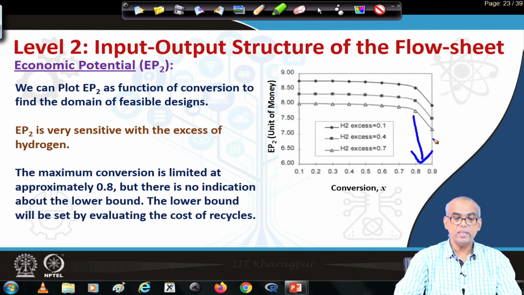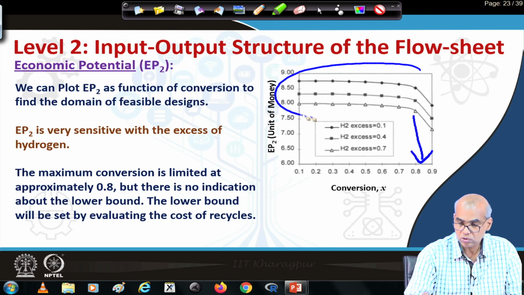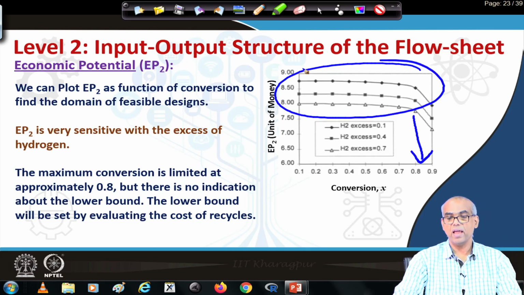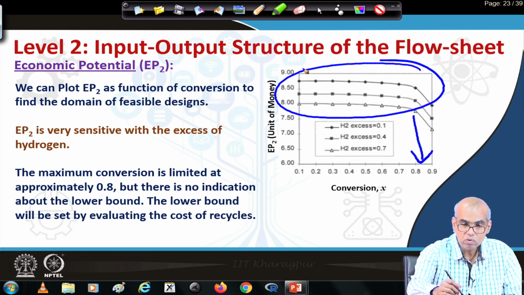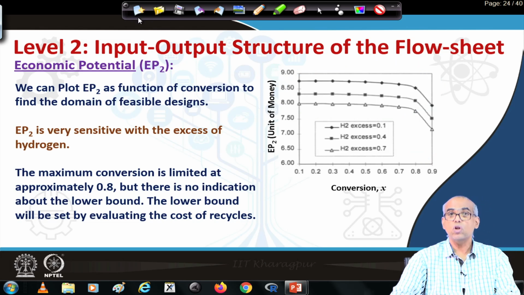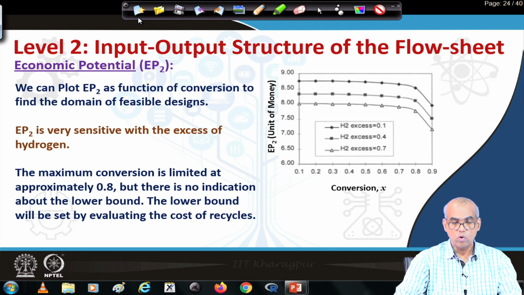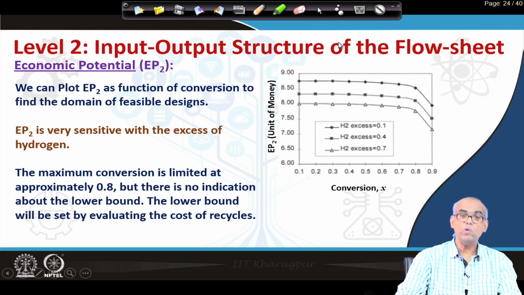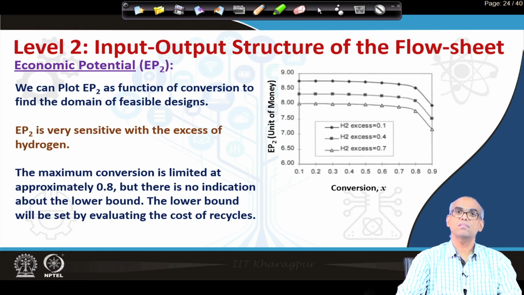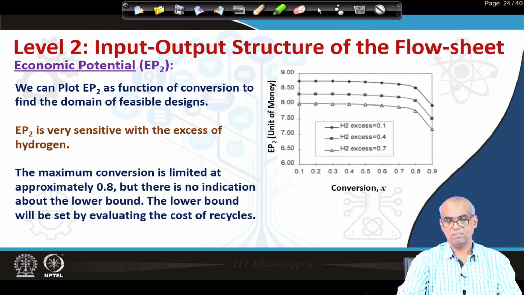However, there is no indication about the lower bound. You see that in this entire zone, it is quite flat. The economic potential does not change much with conversion. So, the lower bound of the conversion is not apparent. The lower bound will be set when you evaluate the cost of recycles at level 3.